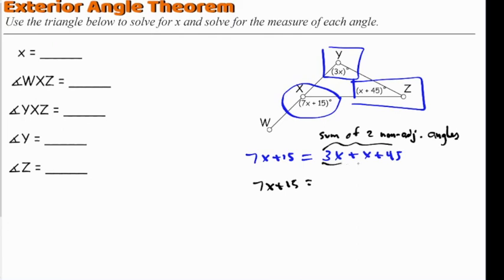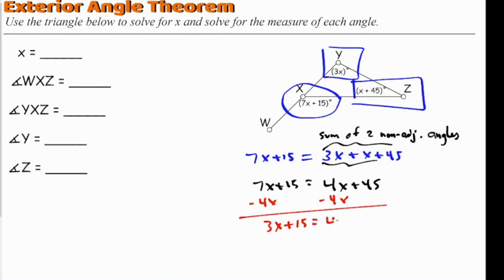And if we combine like terms, we have 4x plus 45. We can now subtract 4x from both sides. We can subtract 15 from both sides. And we find that x is equal to 10.